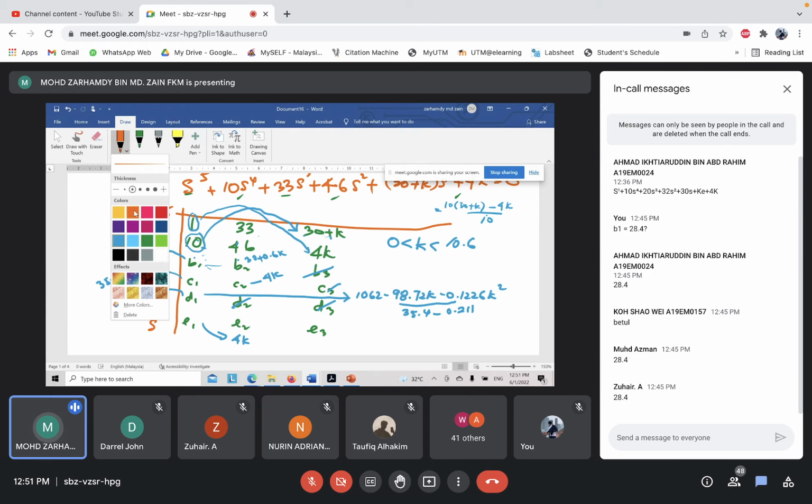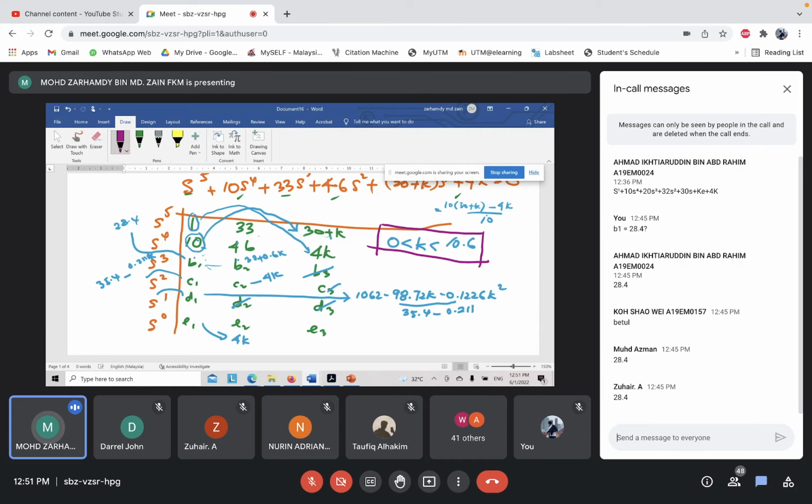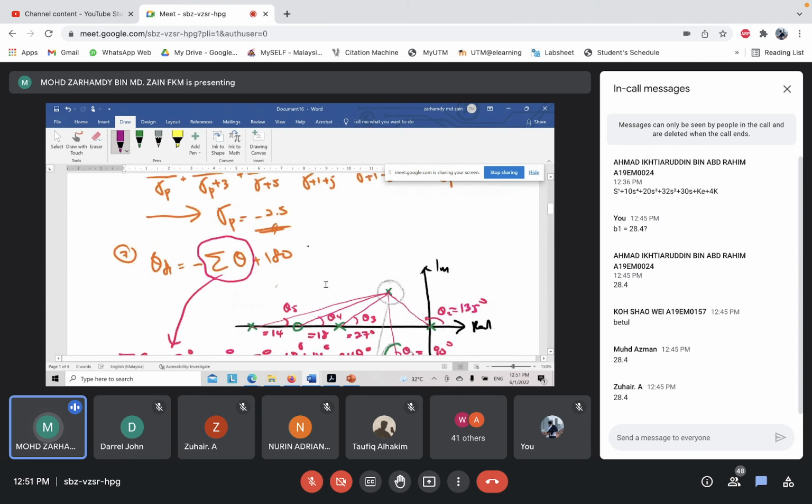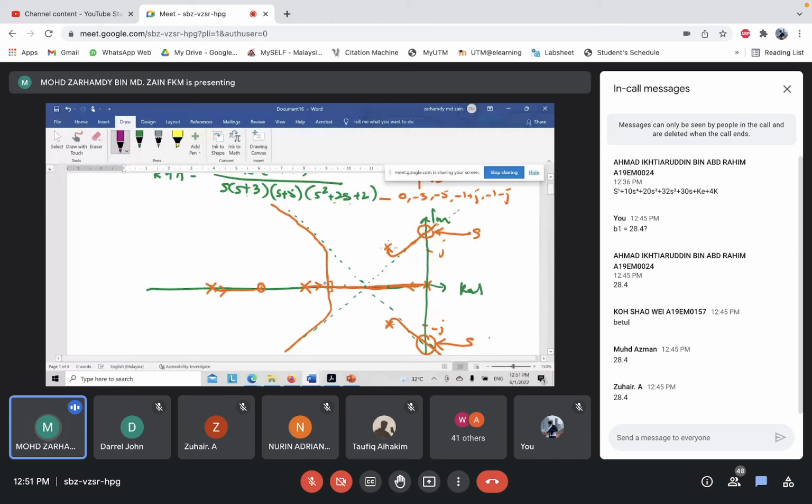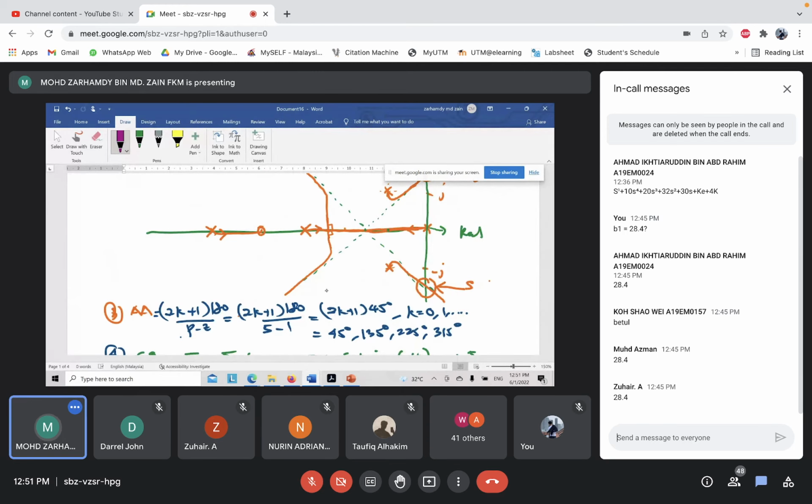So let's say I assume you understand how to calculate this, and then we need to determine the range of K. This is the range of K: K greater than 0, less than 10 over 6. So now our focus is to determine the intersection point at the imaginary axis.